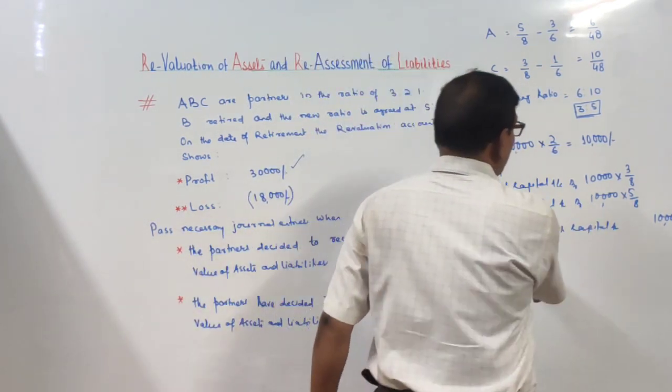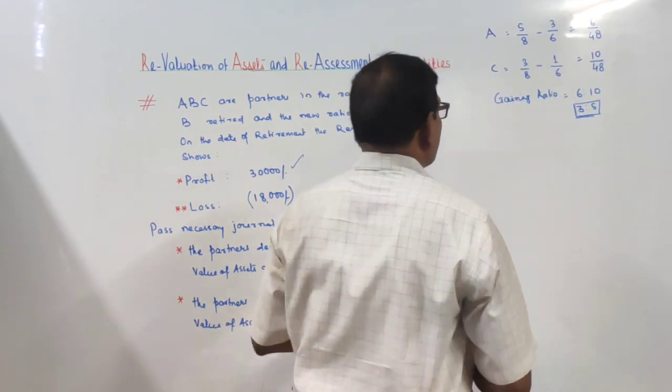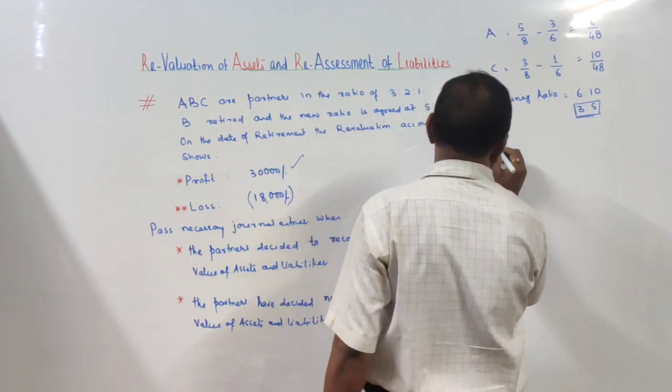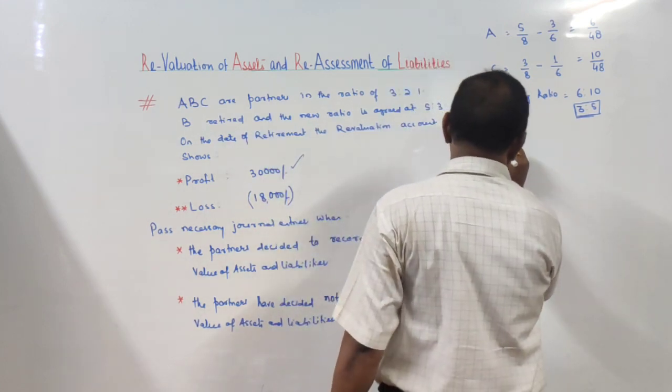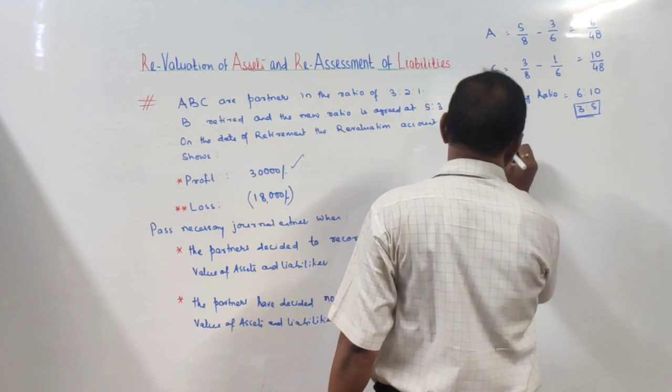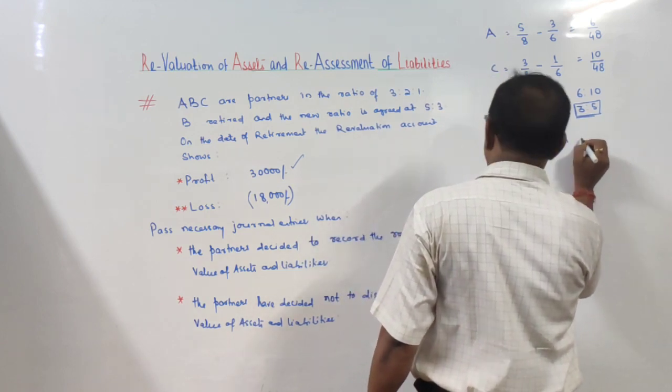In case of loss, the share of loss is how much? That is, retaining partner share of loss is B's share of loss. B's share of loss is equal to how much?